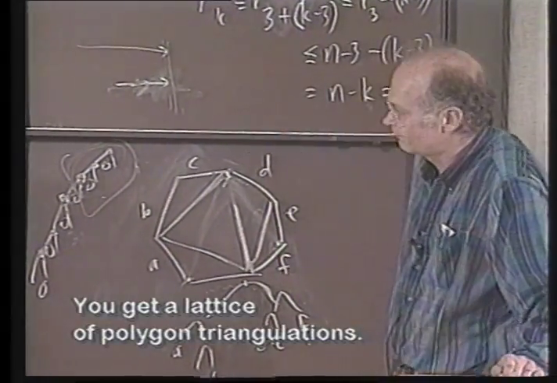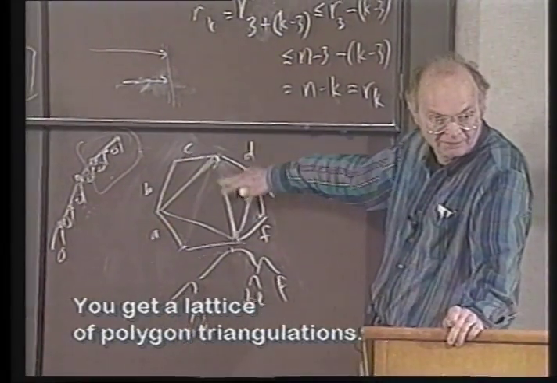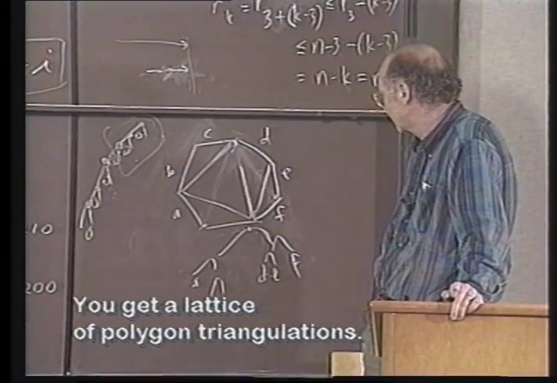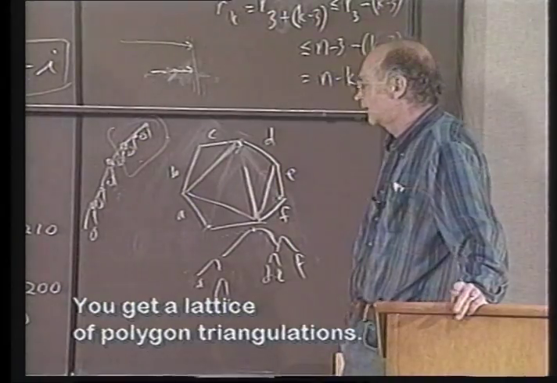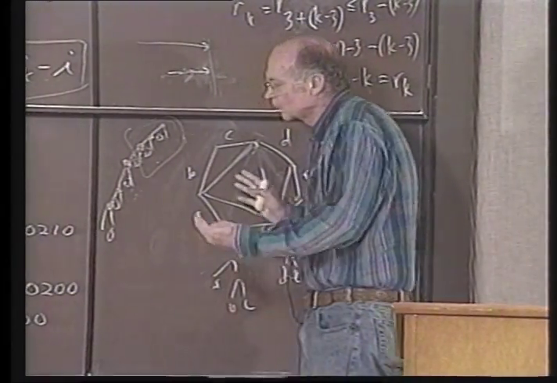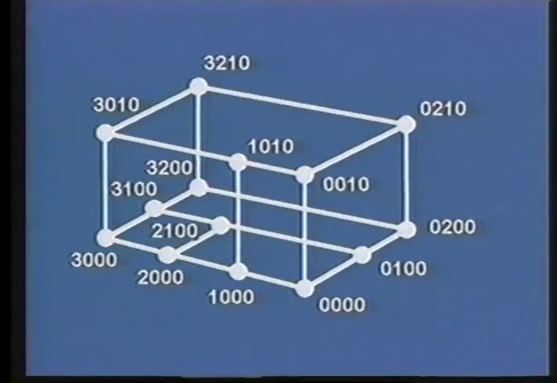So you get a lattice of polygon triangulations. And if we now ignore the difference between left and right, and just look at this as an undirected graph, this is a graph where every vertex has degree n minus 1.